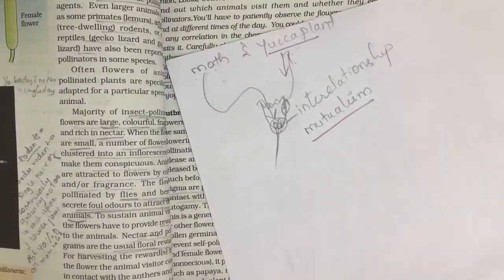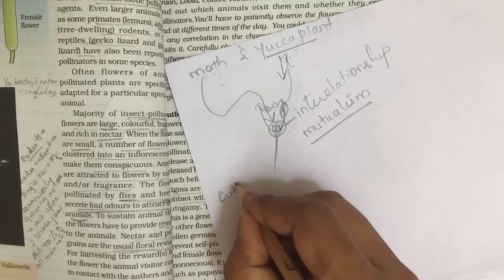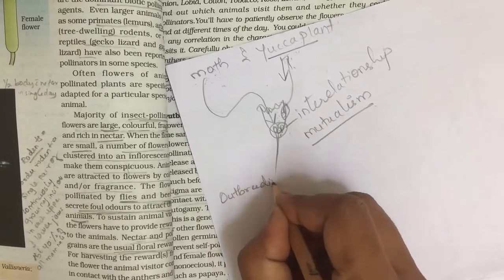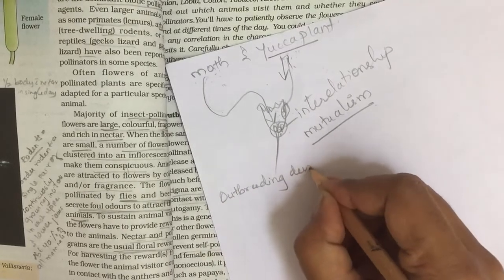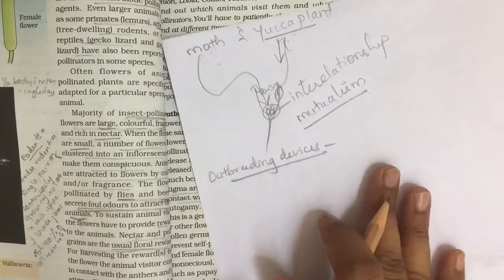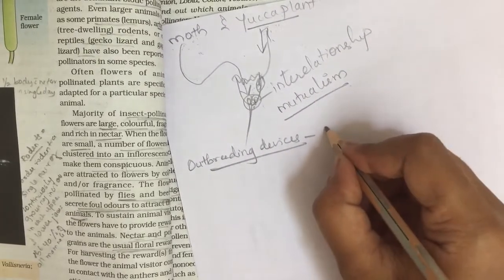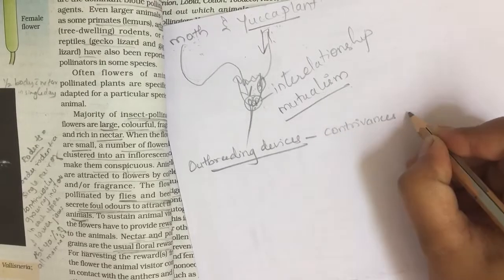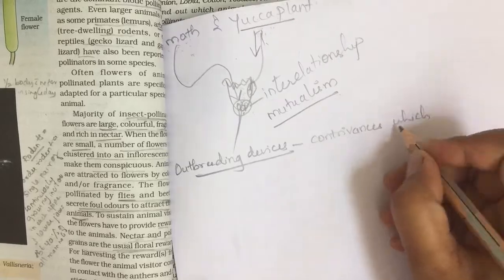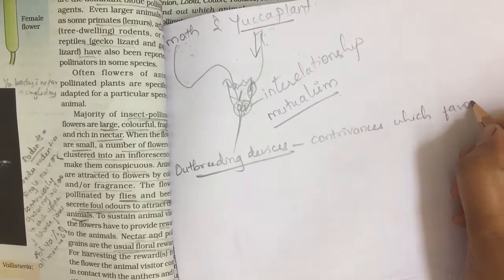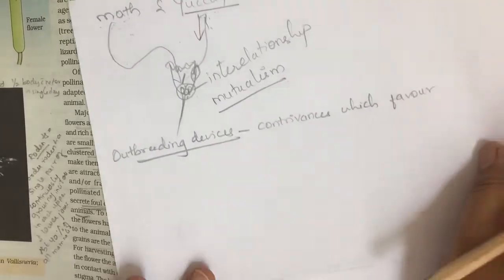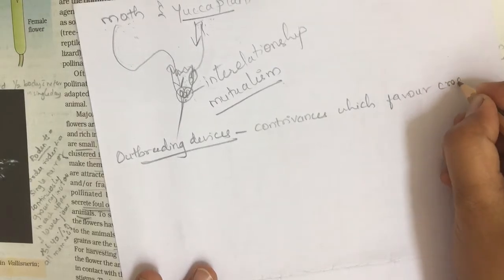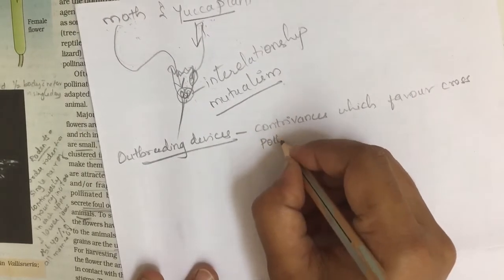The outbreeding devices, what are these? Outbreeding devices are nothing but contrivances which favor cross pollination.